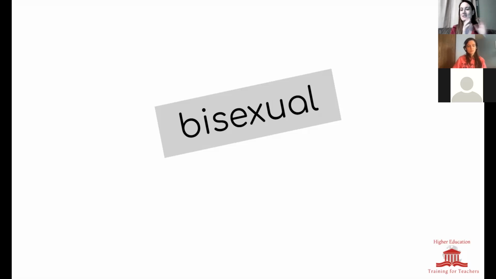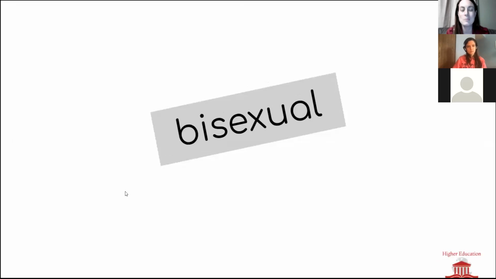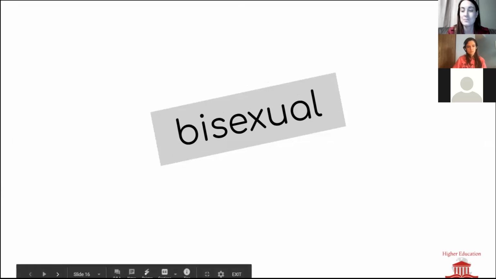And they don't always match up perfectly either. So sometimes you get people who are biromantic but heterosexual, or homosexual but biromantic. But this is the most common term that is used.